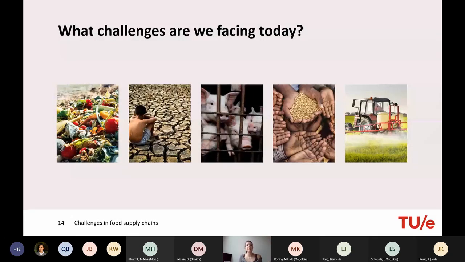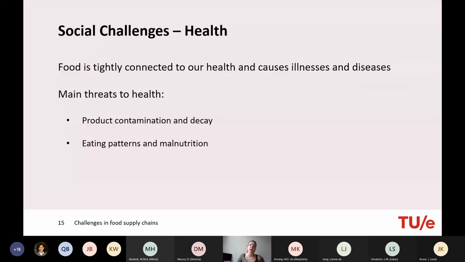But then let's look at what the challenges are that we're facing today within the current context of the food system. There are a number of challenges I want to outline today. Let's start with some social challenges related to health. Food is tightly connected to our health and causes illnesses and diseases.